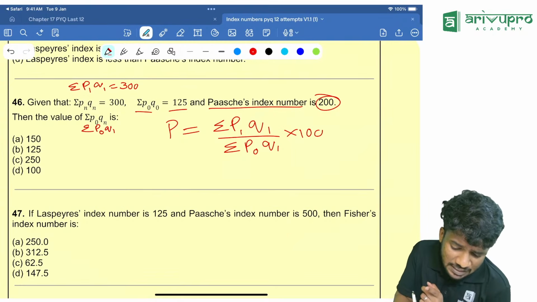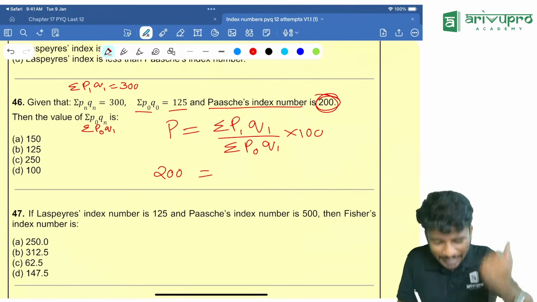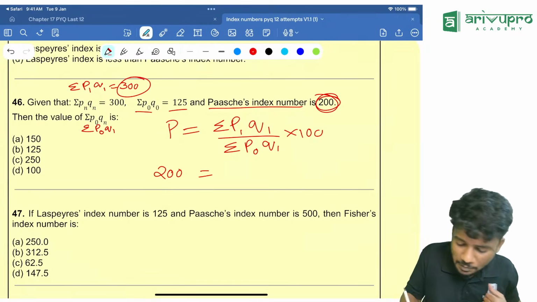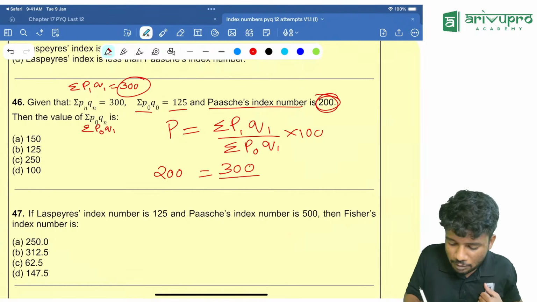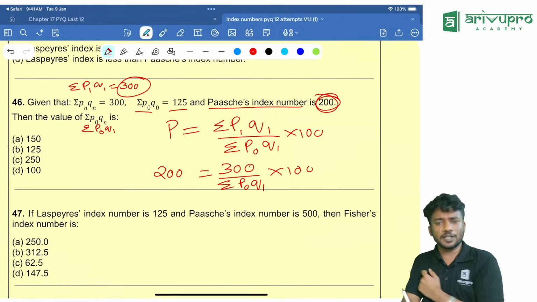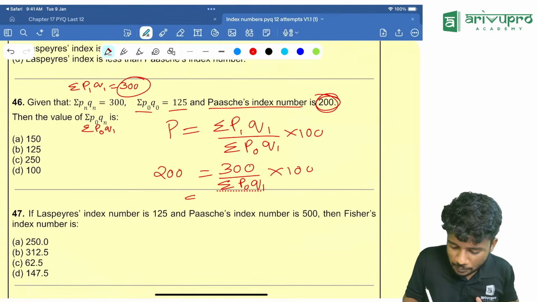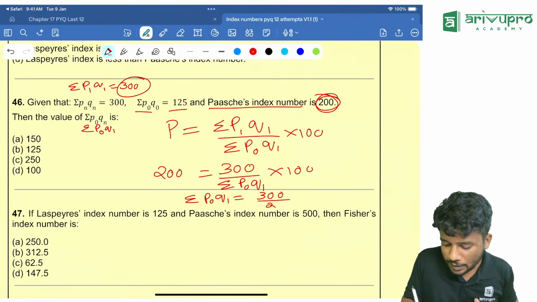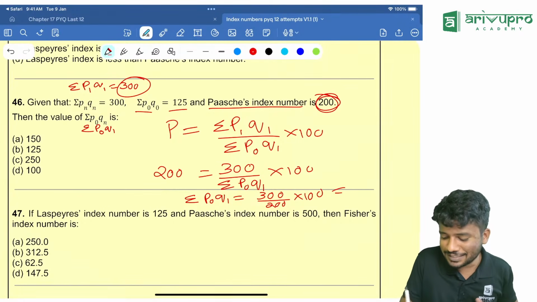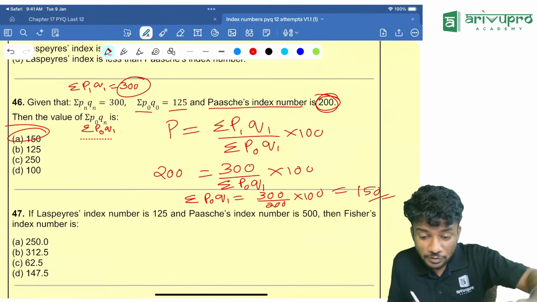The Paasche index number is given as 200, which equals 300 divided by sigma P0 Q1, into 100. Take your calculator, people. Cross multiply and get the answer. So sigma P0 Q1 is equal to 300 divided by 200 into 100. Very easy. I am writing all the steps because it will be helpful for some people.